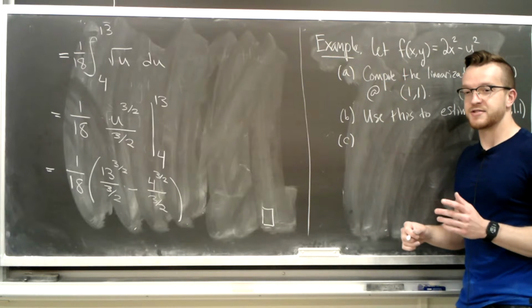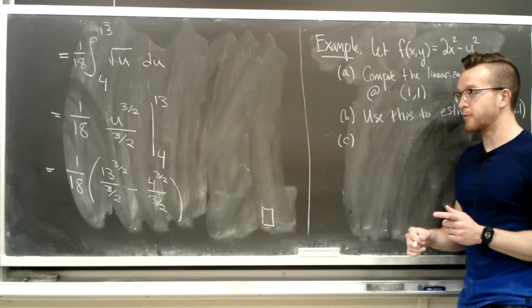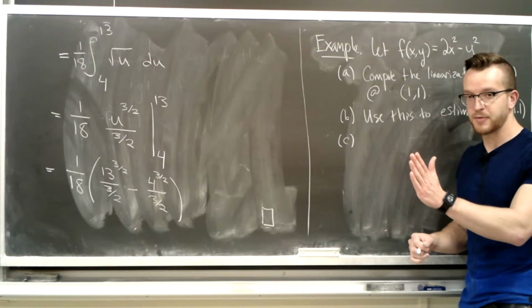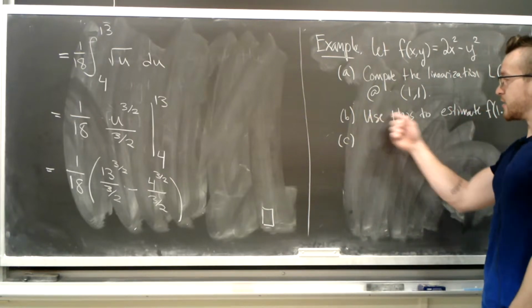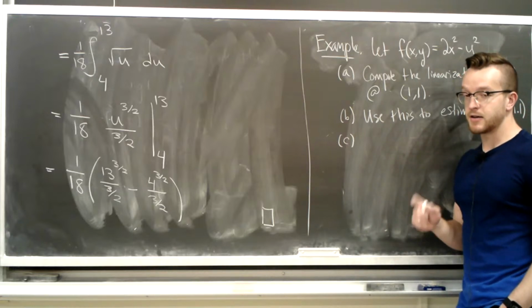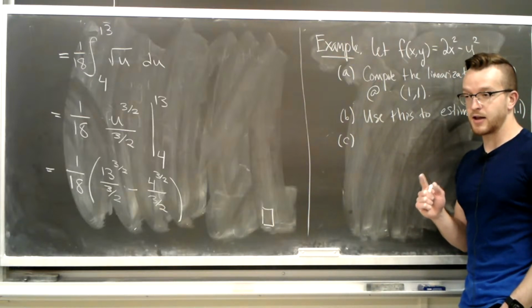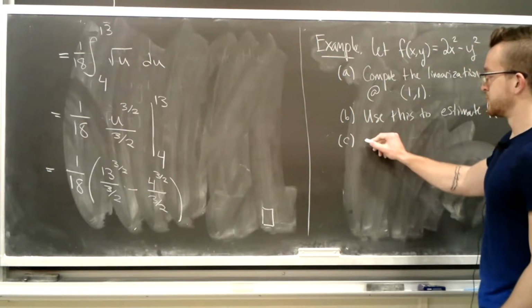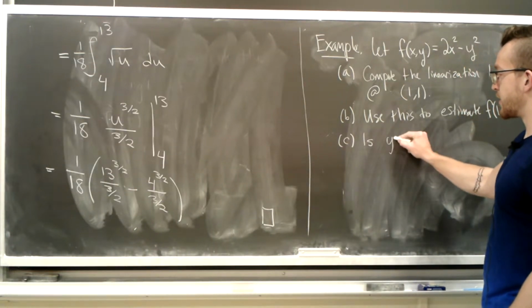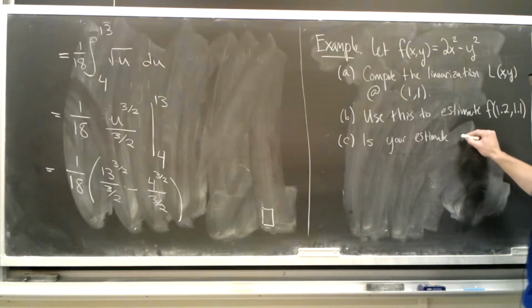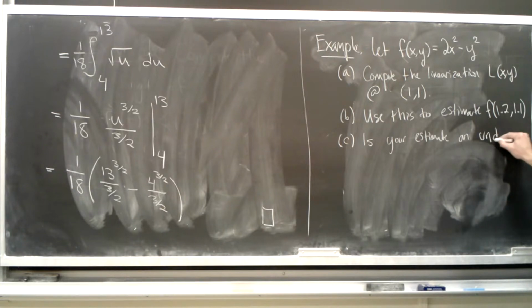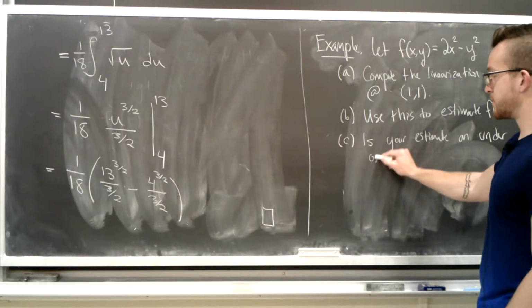I don't know if I would necessarily expect something like this, but if you want something to make sure that you really, really understand what's going on, the question in part C is: is your estimate in part B an underestimate or an overestimate?